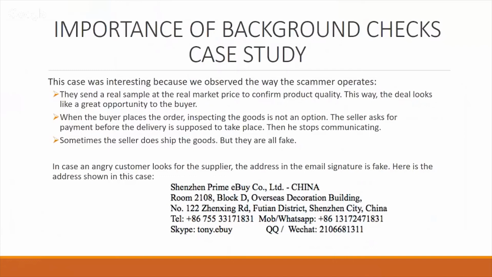In any case, this particular company will send over their email address in the signature, and the signature information is all fake. Here is the information shown in this case: Shenzhen Prime eBay Code Limited, China, Room 2108, Block D, Overseas Decoration Building, and so on. Let's check out the building.